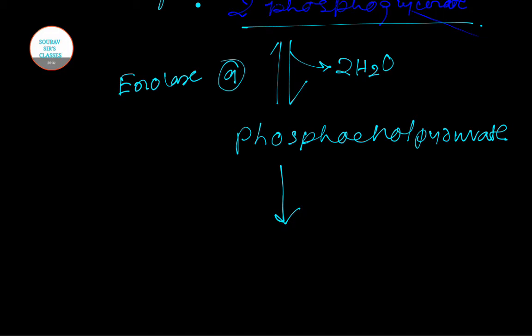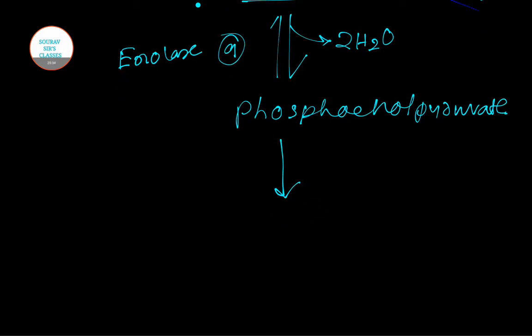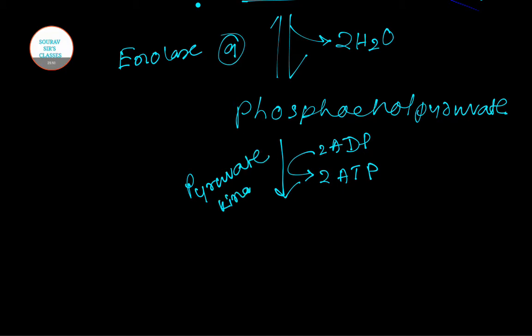Now from phosphoenolpyruvate there is an irreversible reaction, where the second ATP is forming from two molecules of ADP. Two molecules of ATP are forming, and pyruvate kinase is the enzyme to form pyruvate.